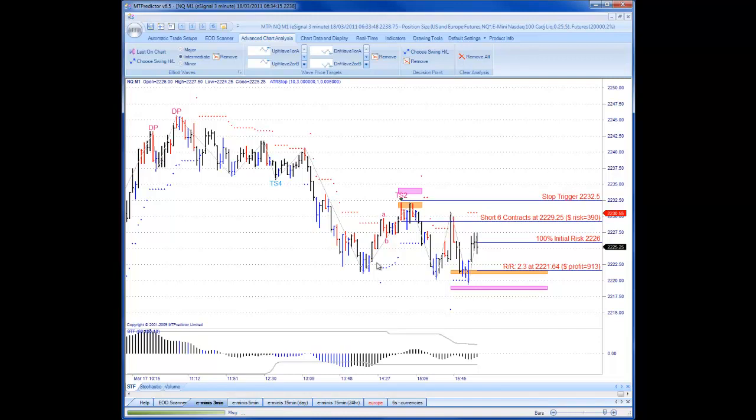Any system you use will have losing trades, but the key to keeping your trading capital intact is keeping those losses small, and when the profits come through they then are larger than the losses, and that's the key to successful trading, not avoiding losses but keeping them small, and that's what we do in MTPredictor.